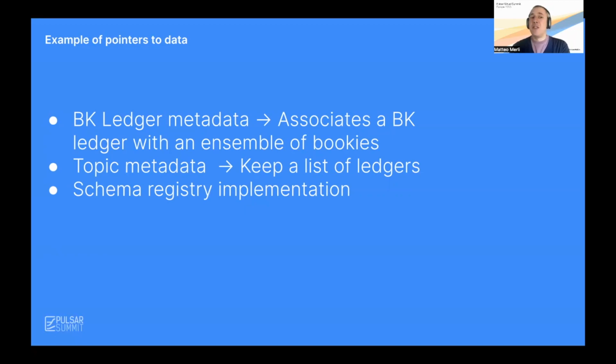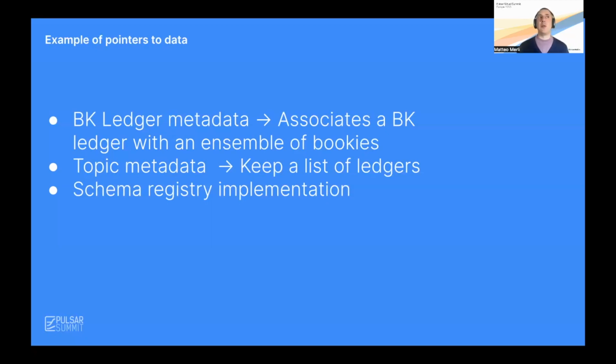Each ledger will have a different set of bookies, which is a good thing because now we can use the whole cluster, we can expand the cluster, we can do all sorts of things. But to do that, we need to know which set of bookies a particular ledger is associated with. Therefore, we need to store that information somewhere. In this case, it would be the metadata for the ledger.